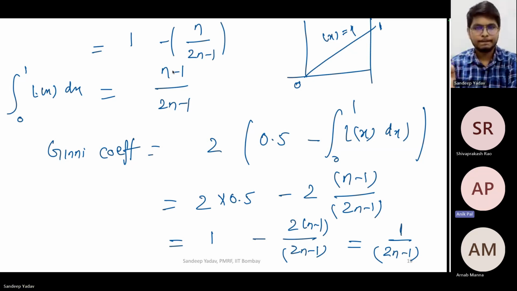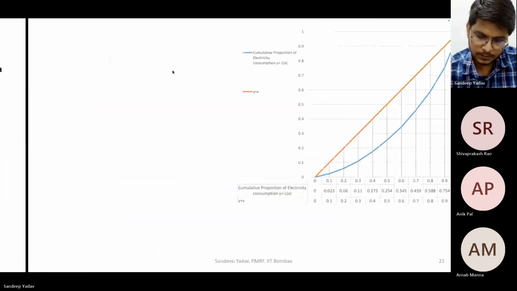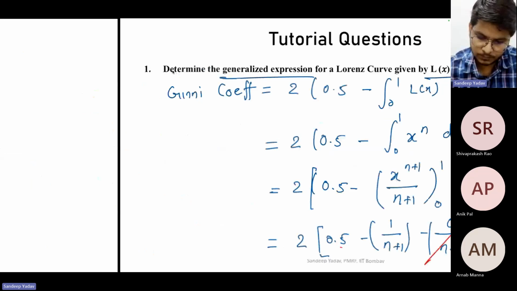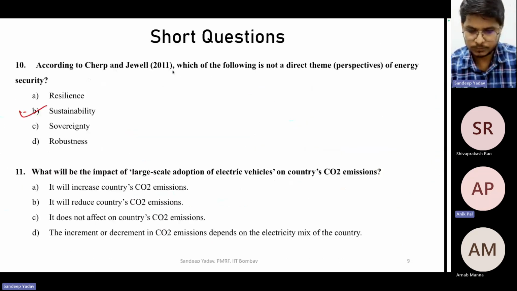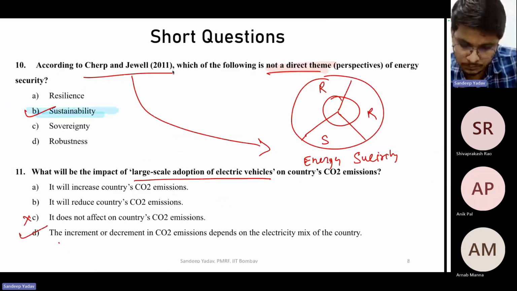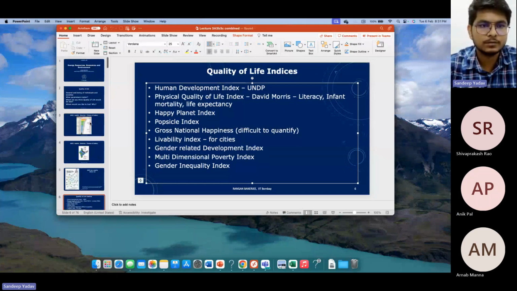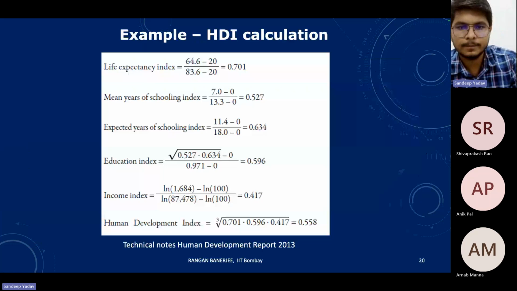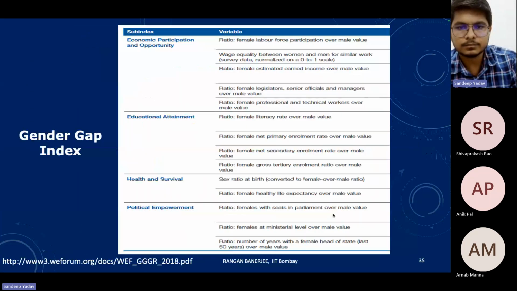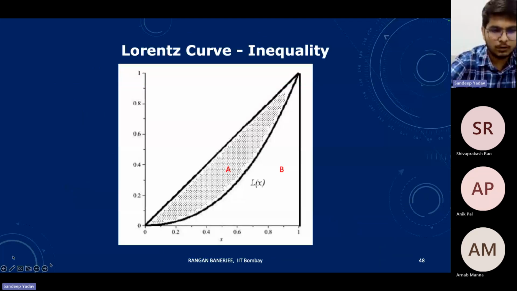Can you repeat it once again? Yeah. Here, if you see the Lorenz curve, this Lorenz curve always varies.